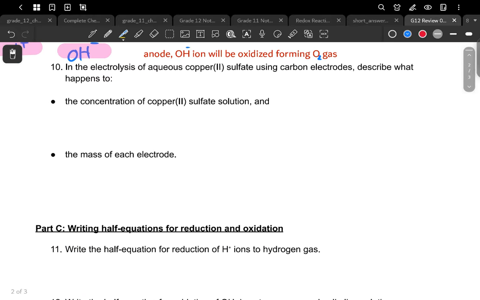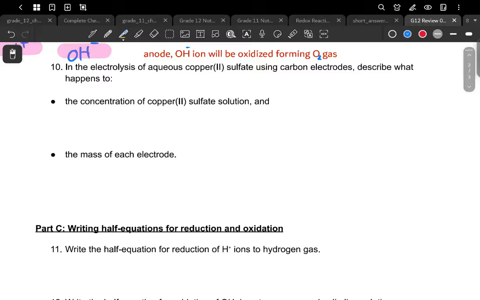In the electrolysis of aqueous copper(II) sulfate using carbon electrodes, describe what happens to the concentration of copper sulfate solution. What happens to the concentration of copper(II) sulfate during the electrolysis? Actually, we did this in the lab. The concentration of copper(II) sulfate decreases with time. Why? Because copper is reduced during the electrolysis.